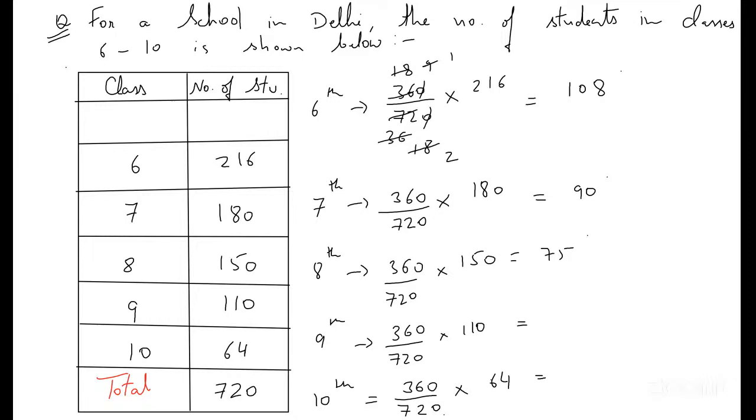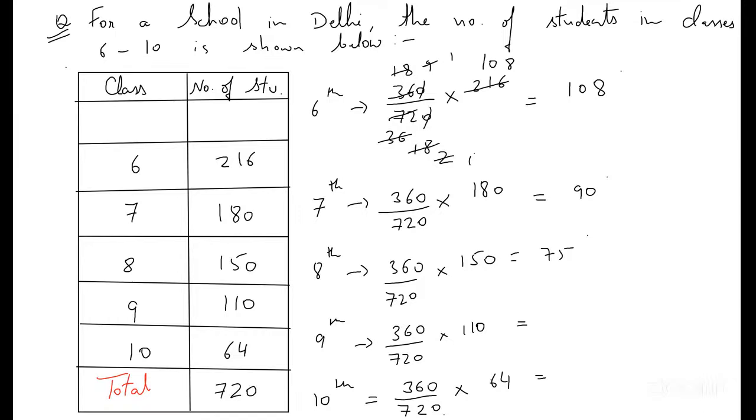Okay. 216 I've written, and then 2. Above is 216 and denominator 2 is remaining, right? So divide 216 by 2. You will get 108. It gets cancelled more.